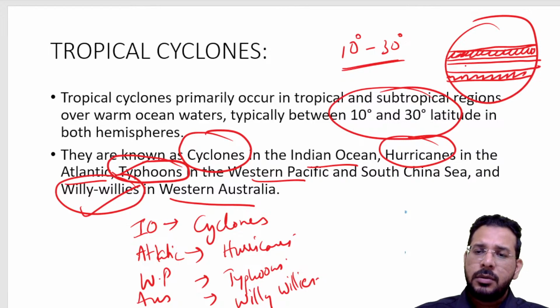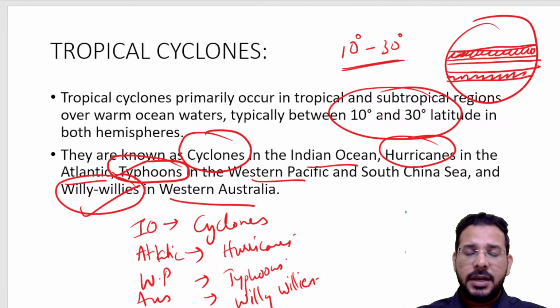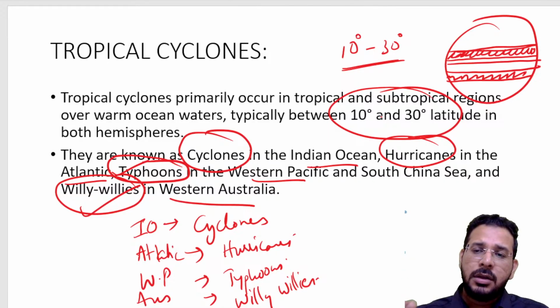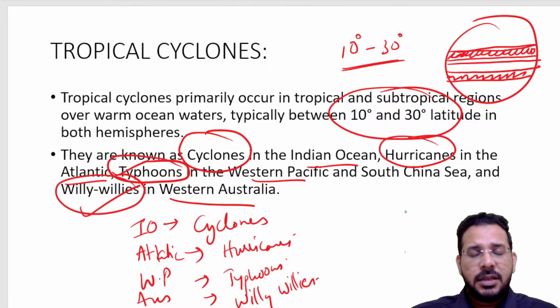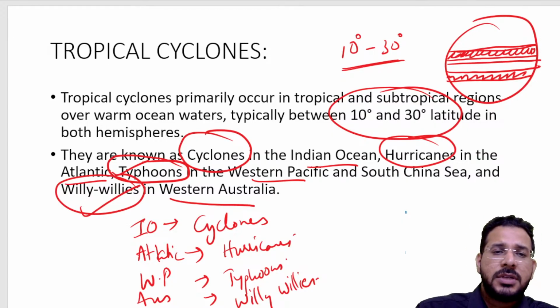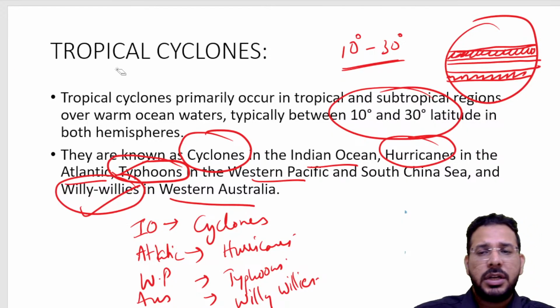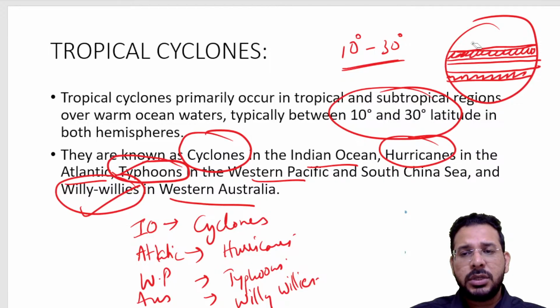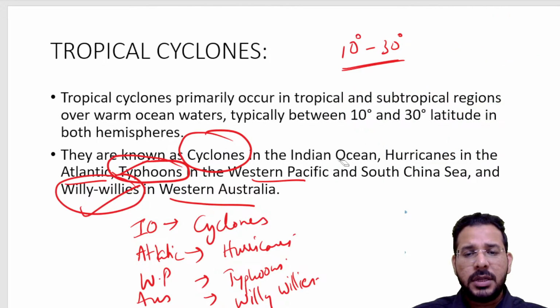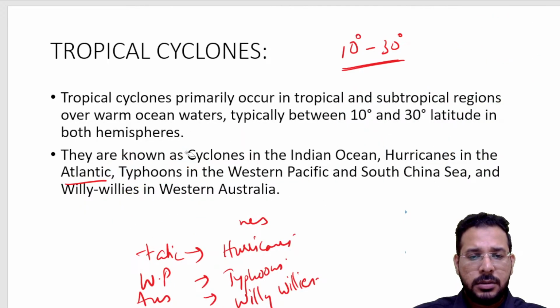Because near the equator we have 4 o'clock rainfalls. Because of extreme heat over that region, the water will evaporate on a daily basis and it will condense, and daily evening you will see rainfalls in equatorial region. Because of that, storm surges are not happening in equatorial region. Hence, from 10 degrees to 30 degrees, we see tropical cyclones.